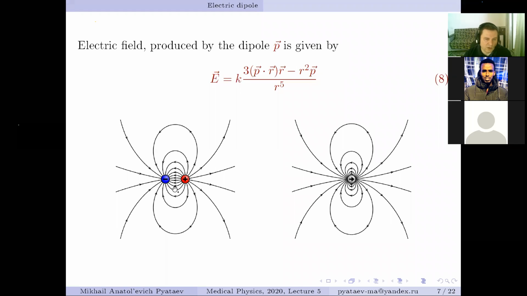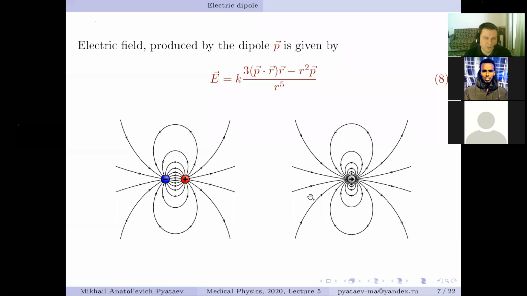But if we enlarge the distance and look from farther and farther points, we will see this distance between minus q and plus q becoming smaller and smaller. So we will come to the system which is called a point electric dipole.